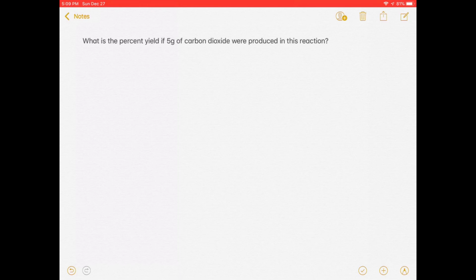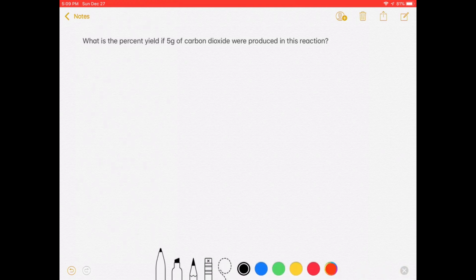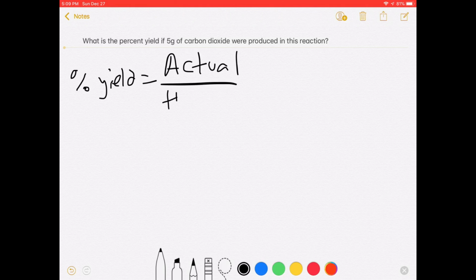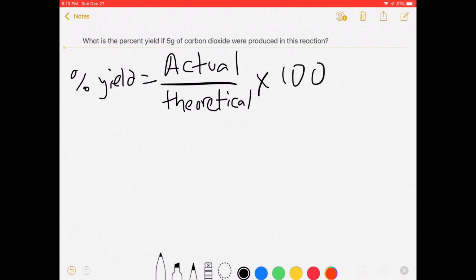So now we have a follow-up question that states, what is the percent yield if 5 grams of carbon dioxide were produced in this reaction? The percent yield is just a formula that compares the amount of actual yield to the theoretical yield. And that formula is actual yield divided by theoretical yield, multiplied by 100. And the resulting value should be some type of percent. So let's go ahead and calculate the percent yield for this problem.